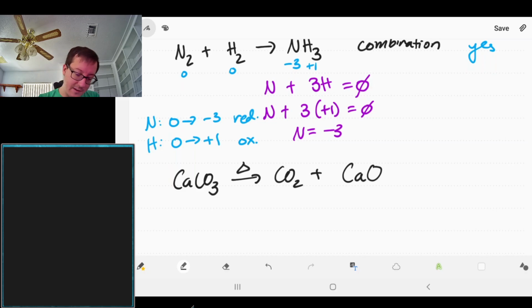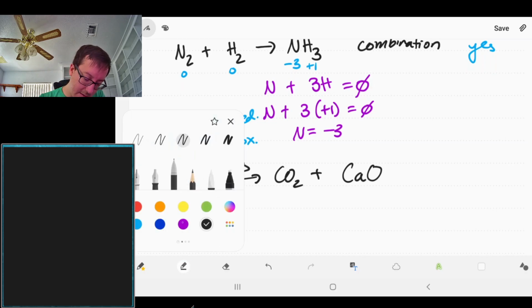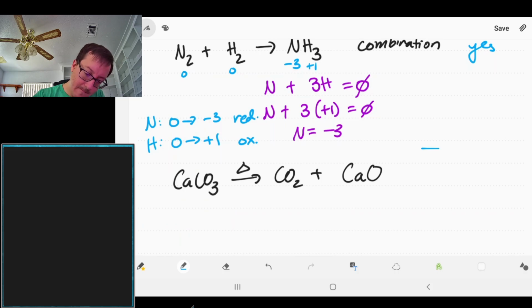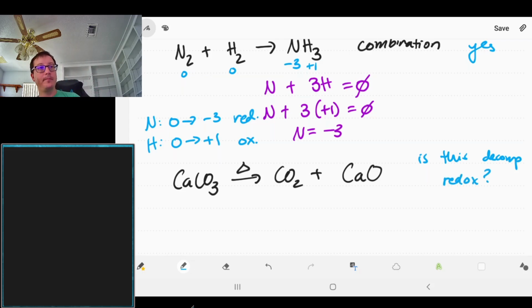This time we have a decomposition reaction. We will find out whether it's redox. How we do that again is we're going to assign oxidation numbers to all of the components in this reaction, and we're going to see what changes, if anything, over the course of the reaction. So let's go ahead and do it.